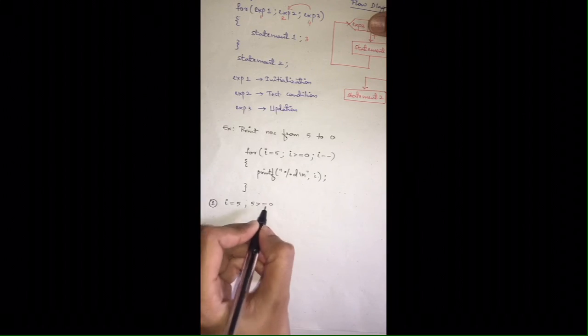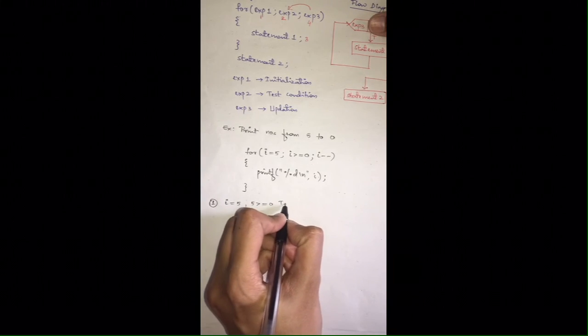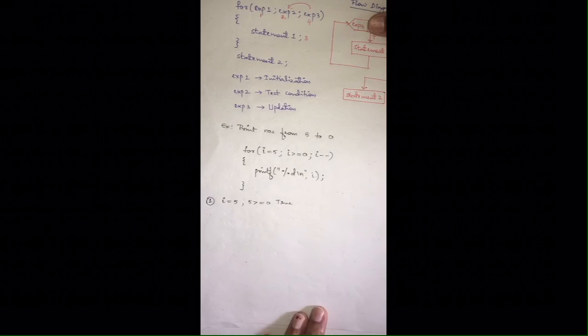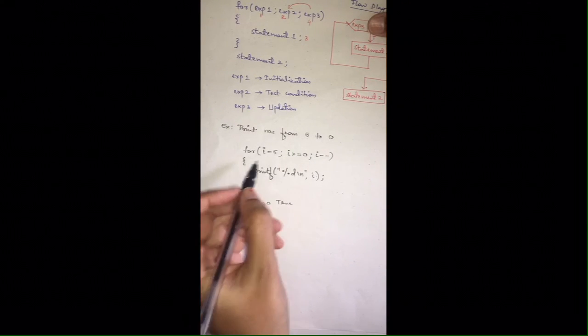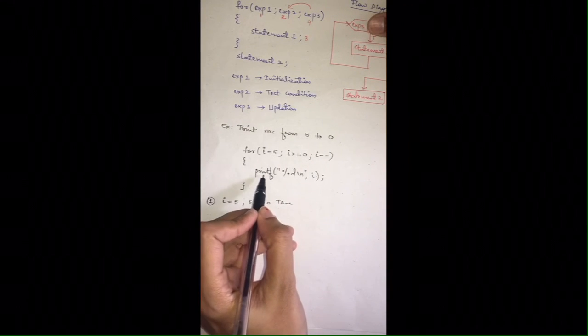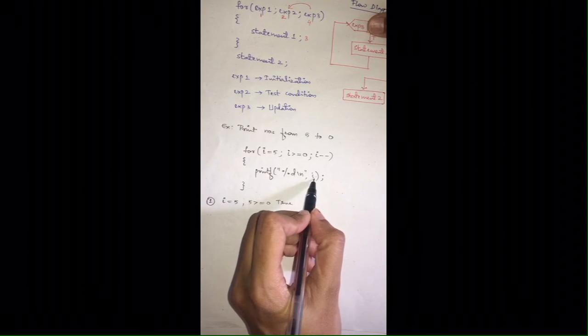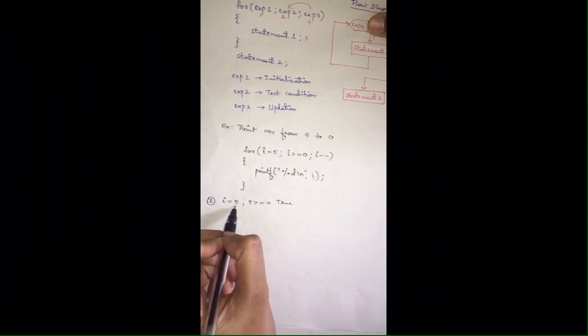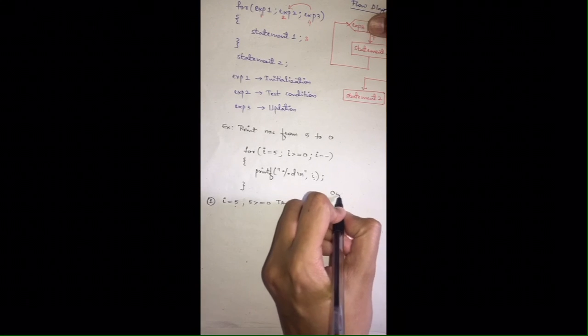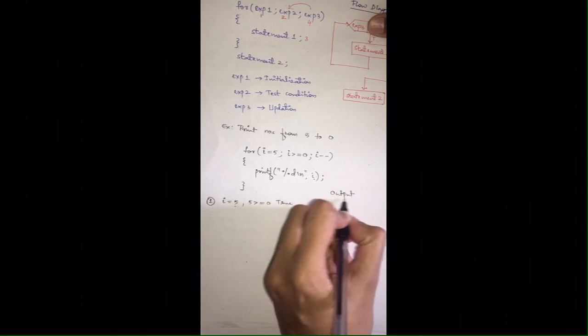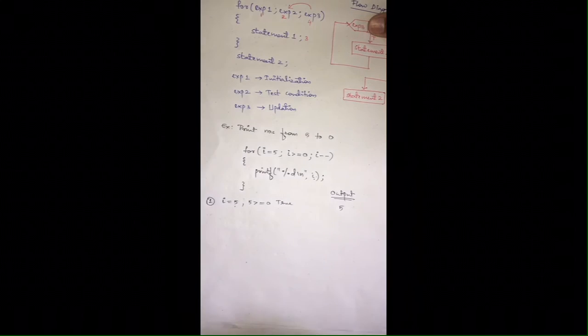Yes, 5 is greater than or equal to 0, so this condition is true. So we enter the loop and we have one printf statement, where we print the i value. What is the i value now? The i value is 5, so in the output we print 5.